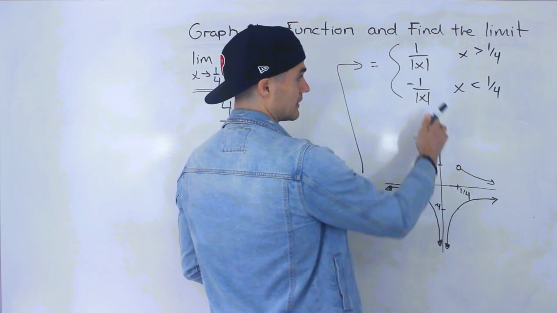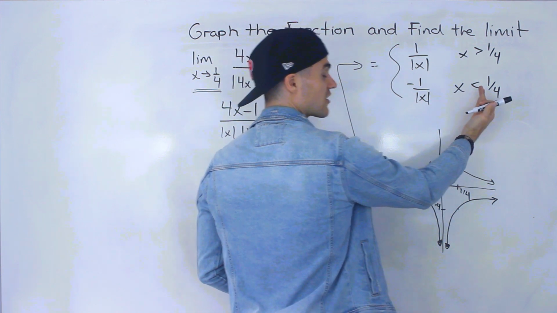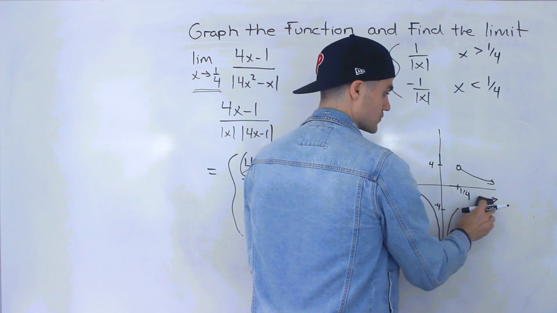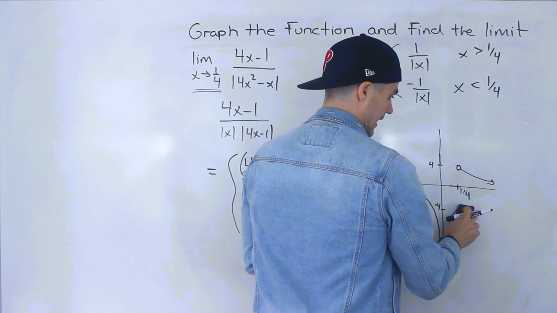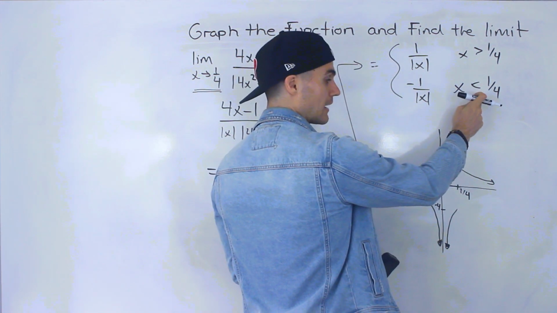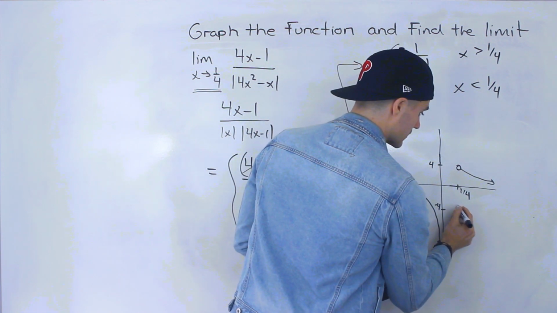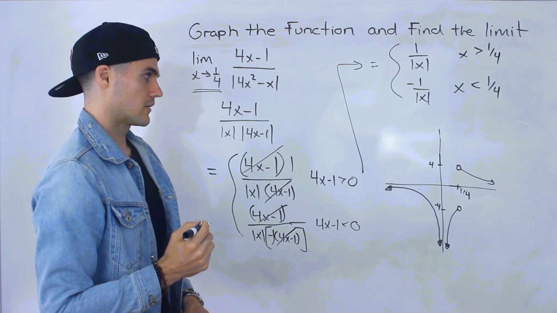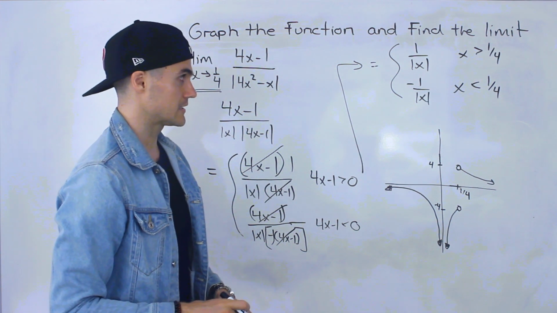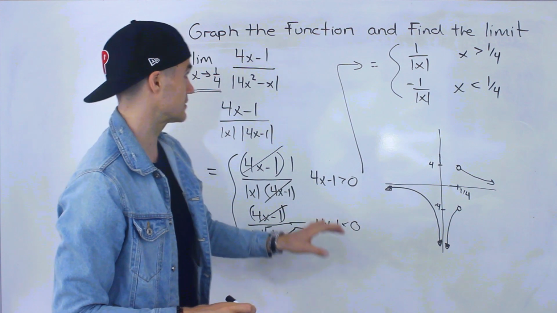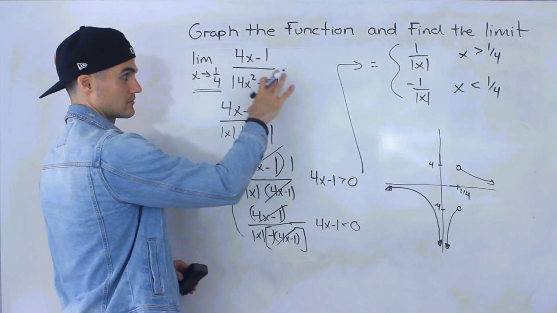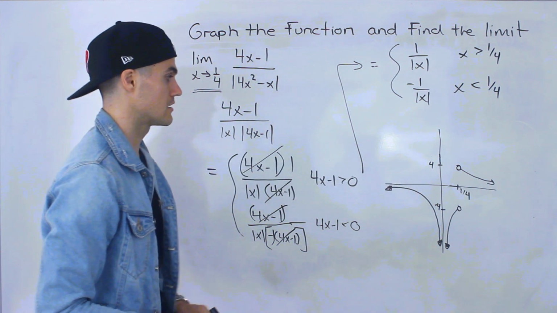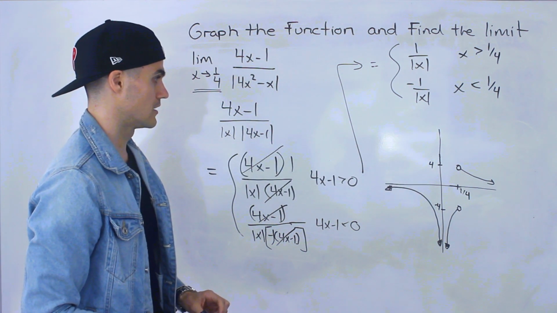And notice that this function is defined for all the x values that are less than 1 over 4. So all the x values that are greater than 1 over 4, I'm going to erase. And over here, notice it's not defined at 1 over 4. So there's going to be a hole there. Perhaps not the best drawing, but that's how this looks like. If you actually take this, plug it into Desmos, you should end up getting this function right here.